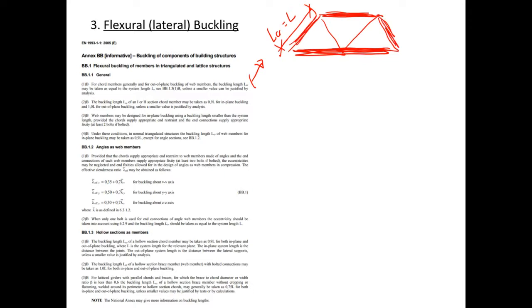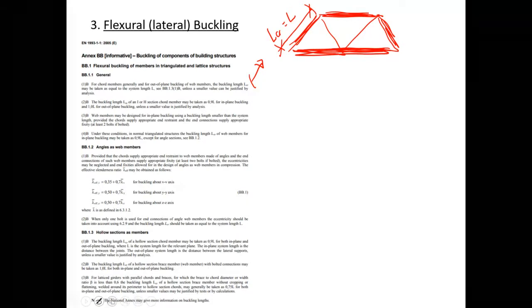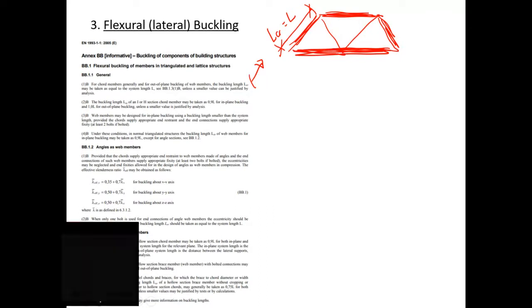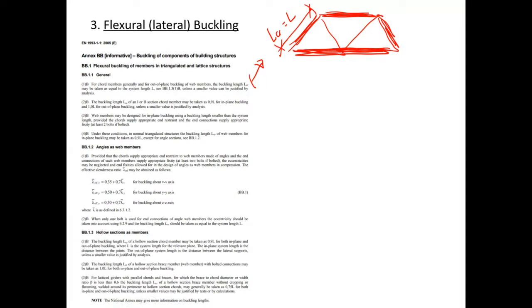Okay. So under these conditions, LCR for in-plane buckling can normally be taken as 0.9 L. So when we're designing some of these web members in here, we could take the length LCR as being 0.9 times L. Okay, so this member here.